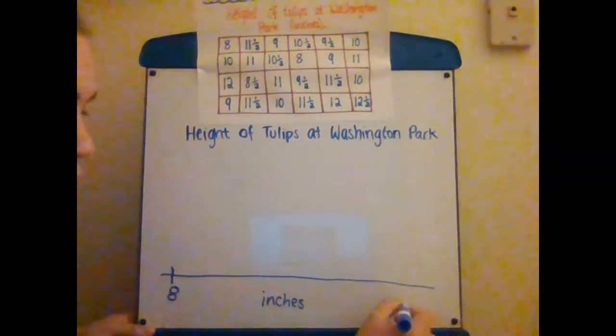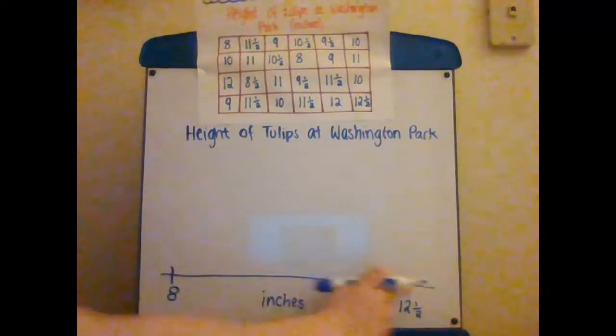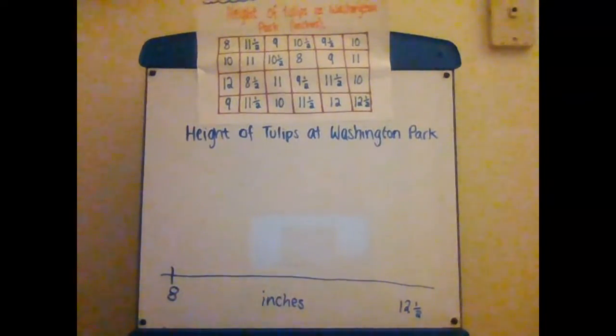So I'm going to put 12.5 down the bottom here because that's when I'm going to stop. But I want to make sure I can get all my inches on there before I put it on the line. Because there are some halves, that is the smallest unit we can count by.